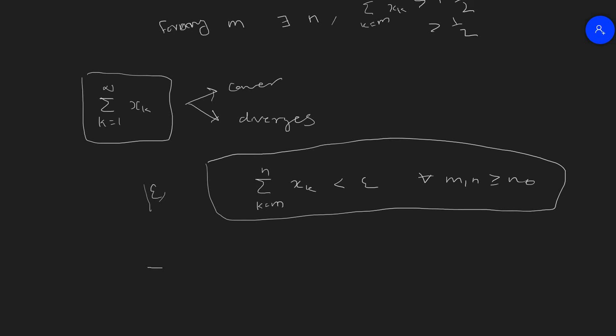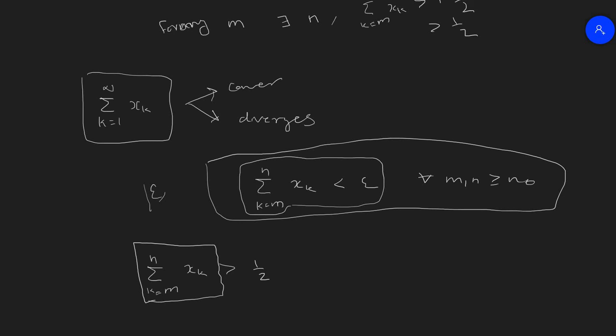What happens here? We have just proved that for any m we can get a certain n such that the sum of x_k is greater than 1 by 2. So that partial sum is greater than 1 by 2. We cannot find any n such that the partial sum is less than epsilon.